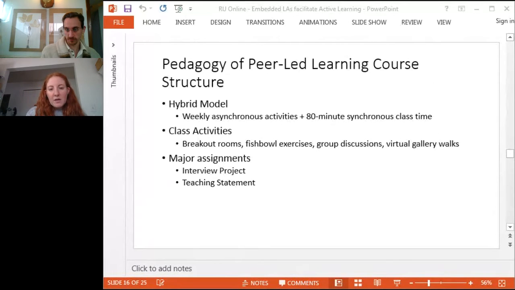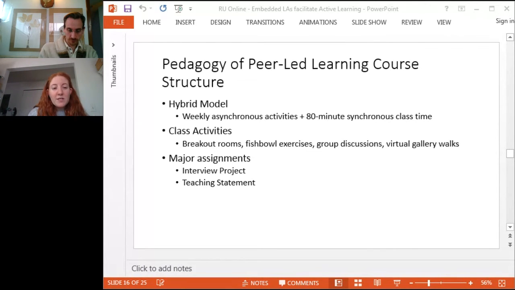A lot of the in-class activities involve breakout rooms, fishbowl exercises, group discussions, virtual gallery walks, and really trying to model what we would hope and expect for them to use in their own practice with students on that active and interaction side.